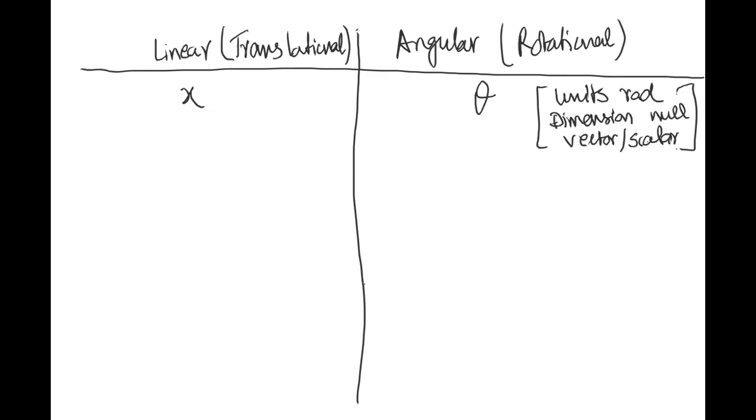If you are still interested, I can prove that small angular displacements will be vectors and large angular displacements can be treated as scalars. Okay? So we will treat angular displacement as a vector.